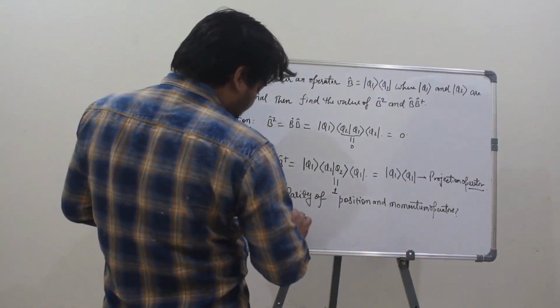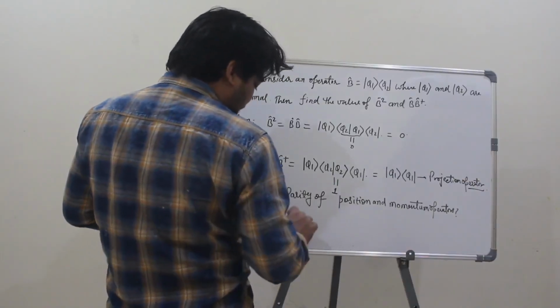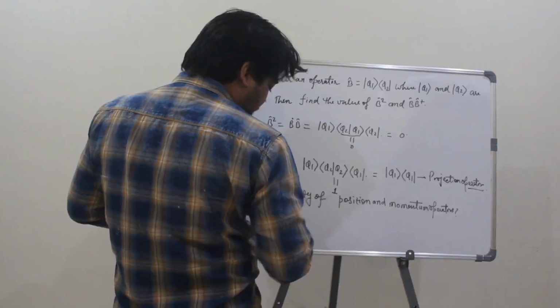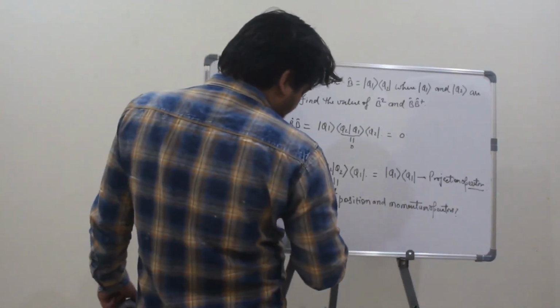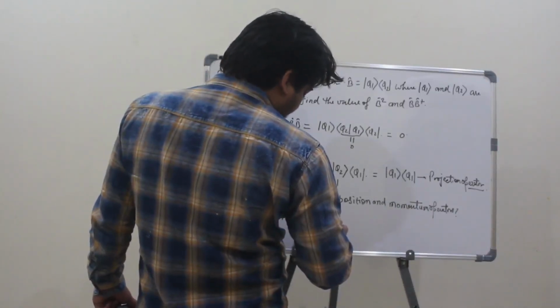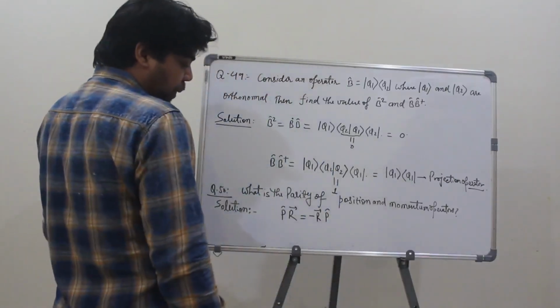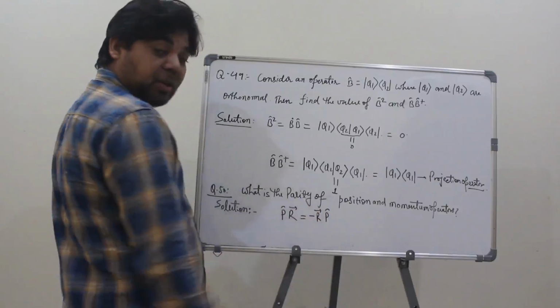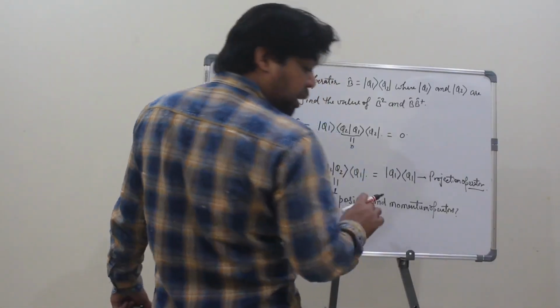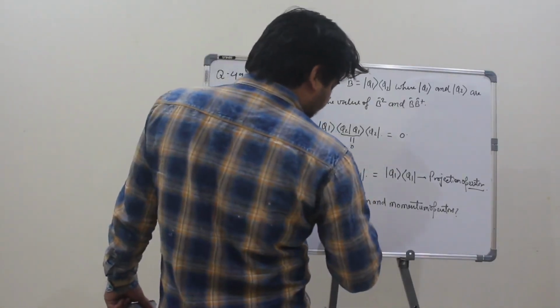It simply says that a parity operator operating on the position vector R will give you minus R. So it means that it changes the parity of the position operator, so X goes to minus X or like that.